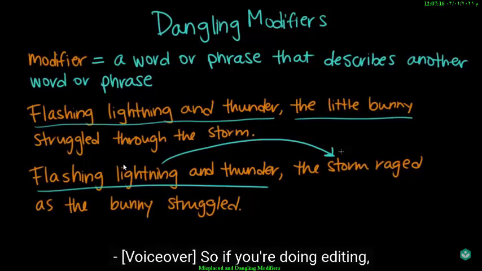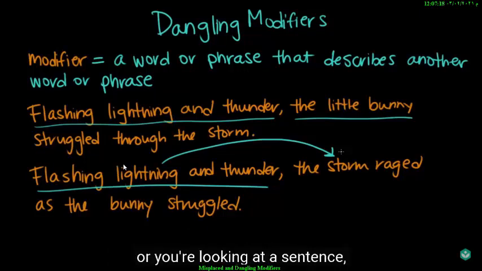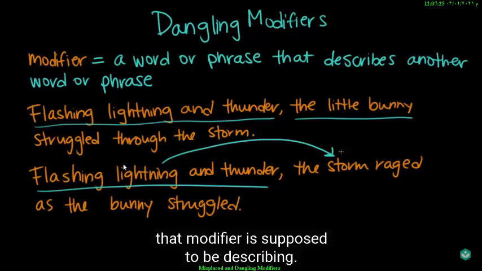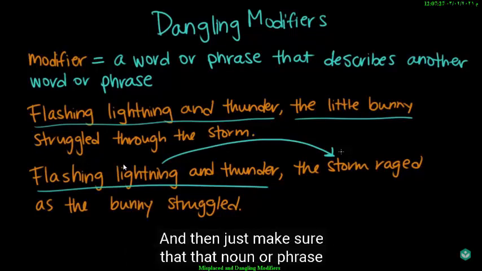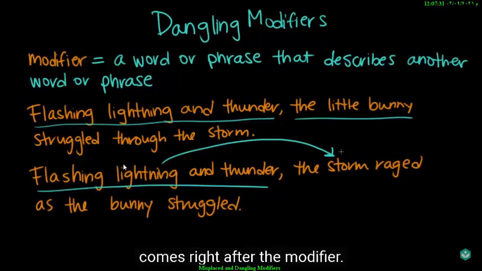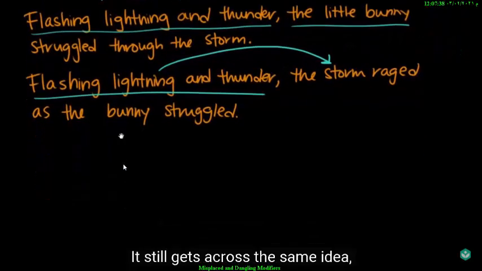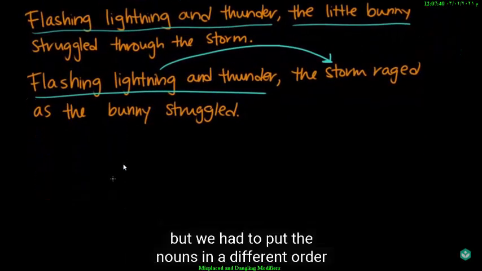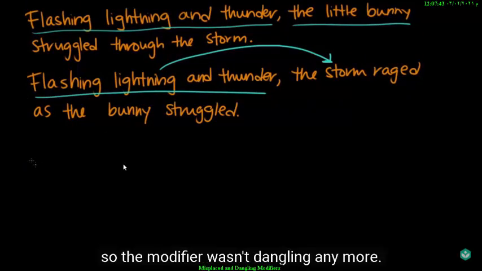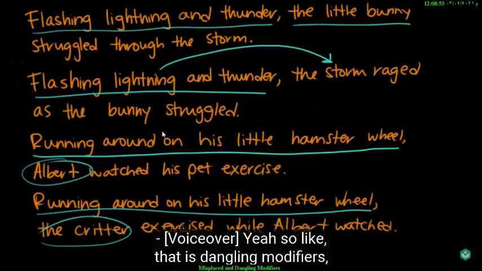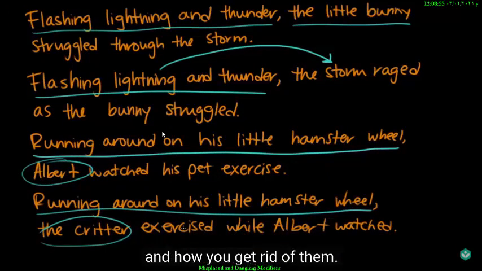So if you're doing editing or you're looking at a sentence, when you take a look at a sentence, see if you can spot what it is that modifier is supposed to be describing, and then just make sure that that noun or phrase comes right after the modifier. Right, like in this example, we had to pretty much completely rewrite the sentence. It still gets across the same idea, but we had to put the nouns in a different order so the modifier wasn't dangling anymore. Right. Yeah, so that is dangling modifiers and how you get rid of them.